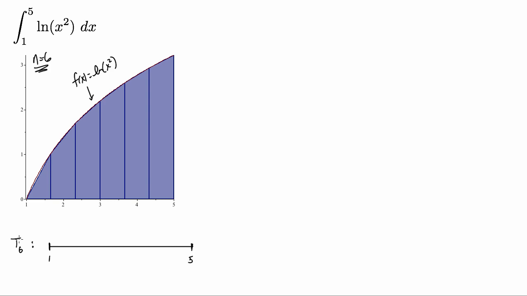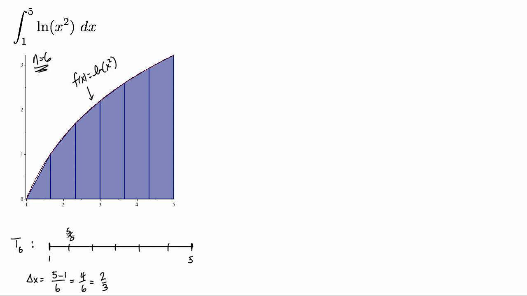If I'm doing n equal to 6 subintervals, then my delta x is (b minus a) over 6, which is 4/6, which is 2/3. My tick marks in here don't align perfectly with the 2 and the 3 and whatnot. My tick marks, equally spaced, are going to be 1 plus 2/3, which is 5/3.